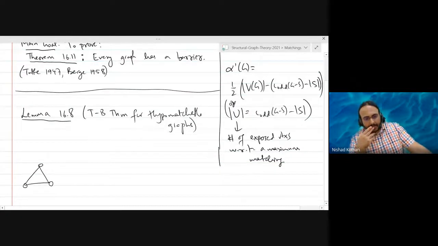Can anybody see a barrier in this example? You want to delete some vertices and you want to have exactly one odd component because in any maximum matching, exactly one vertex is exposed, right? So what set of vertices can you delete so that the remaining graph is just one odd component? And there could be some even components, but actually there won't be.